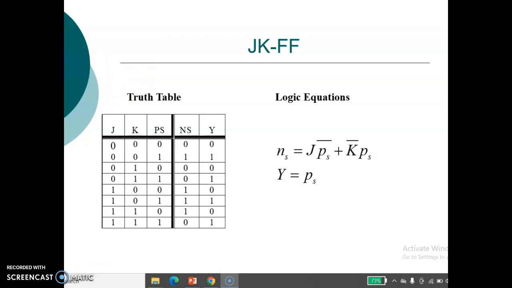GK flip-flop, truth table, logic equations.